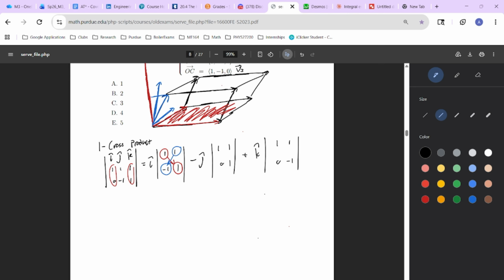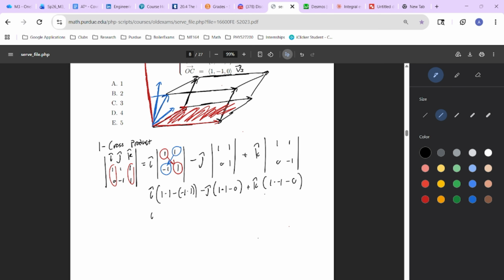So for the example of i, that would be i hat multiplied by 1 times 1 minus negative 1 times 1. I'll employ the same thing for the rest of them. That would be minus j hat times 1 times 1 minus 0, and then plus k hat times negative 1 times negative 1, and then minus 0.